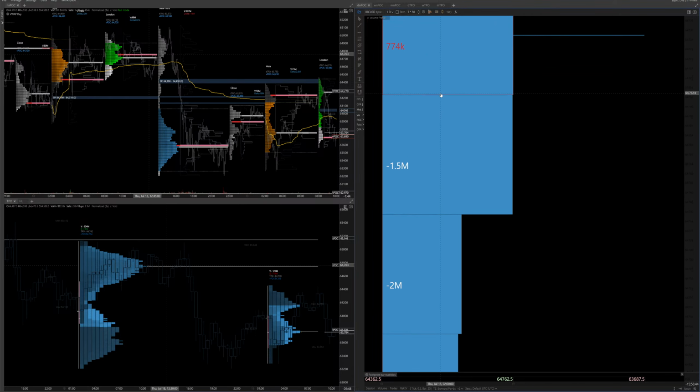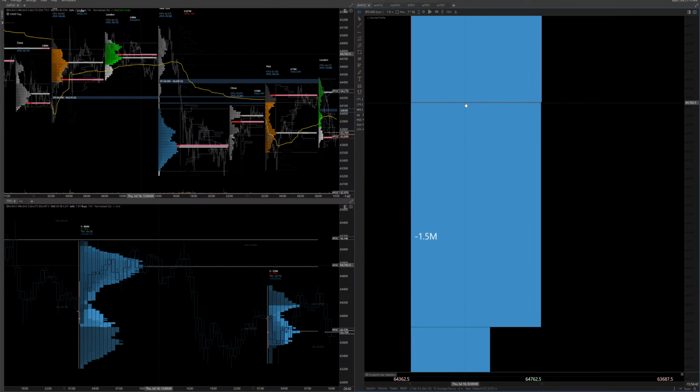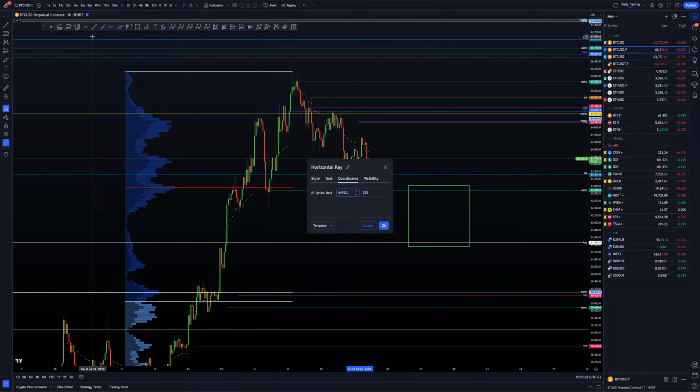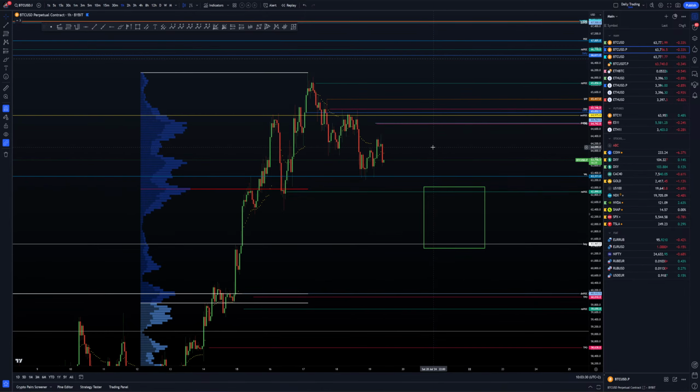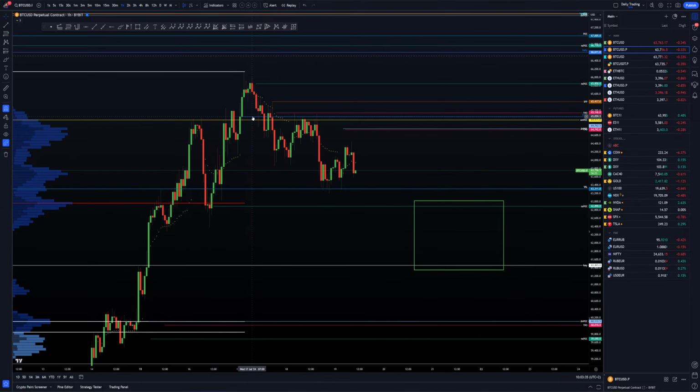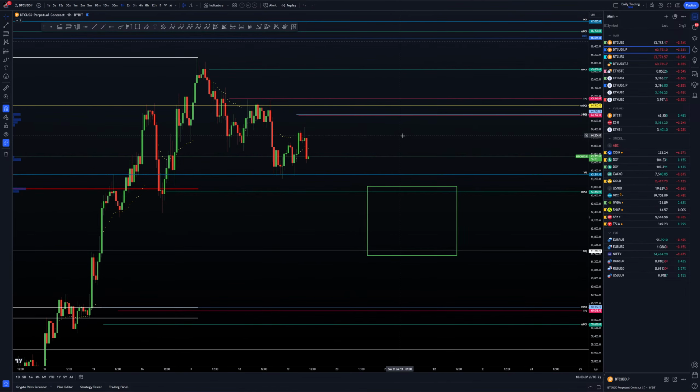So let's go. $64,762.5. All right, I'm just gonna get rid of a few levels here, e.g. that daily level, this swing trend, and there we go.